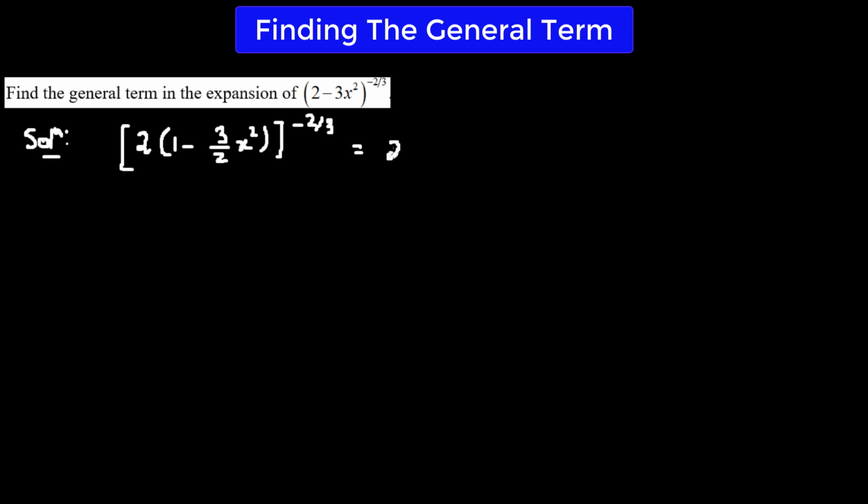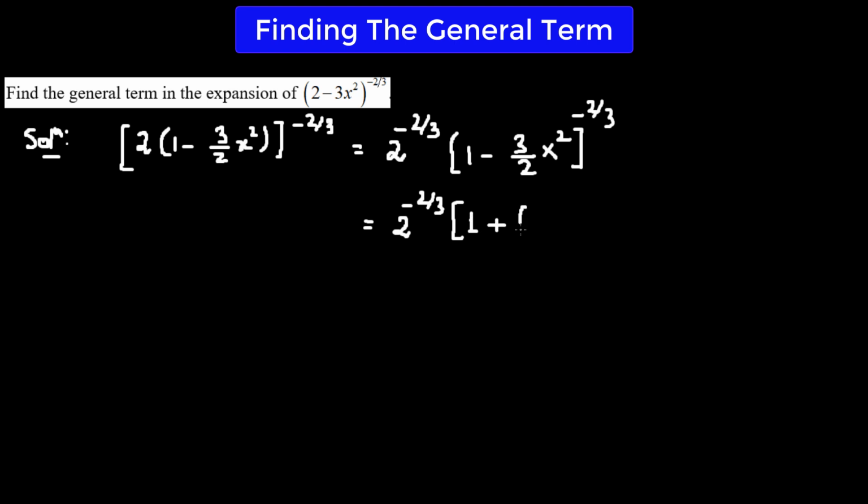So we have 2 raised to the power negative 2/3 times 1 minus 3 over 2 x squared raised to the power of negative 2/3. This can be further simplified as 2 raised to the power negative 2/3 times 1 plus negative 3 over 2 x squared raised to the power of negative 2/3.